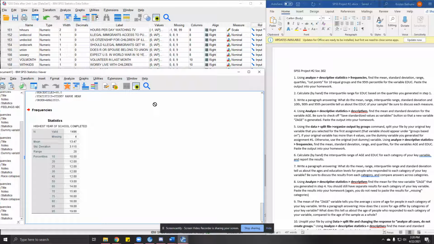So again, think about when you're talking about what this tells us about our sample, then interpret that. What does that mean? If our 95th percentile has 19 years of school under their belts, what does that mean? The people at the very, very top have had 7 years after high school.